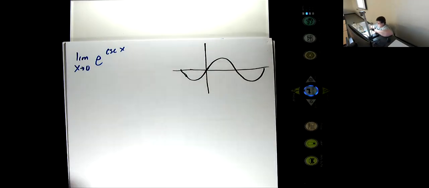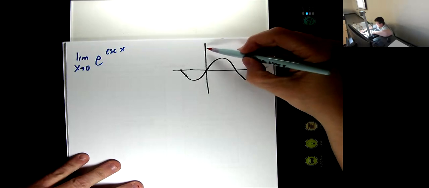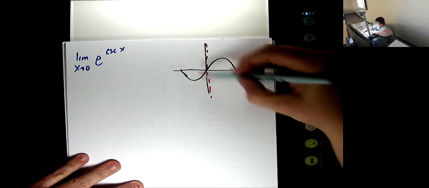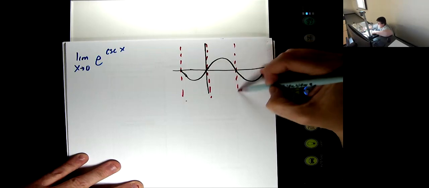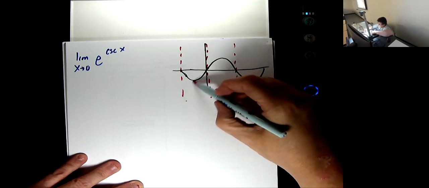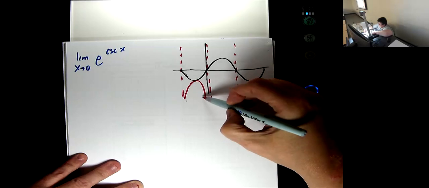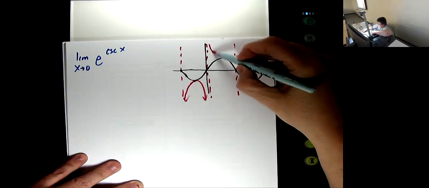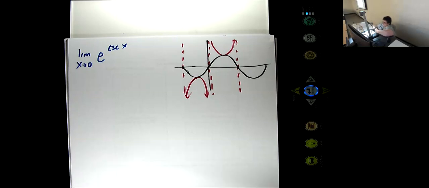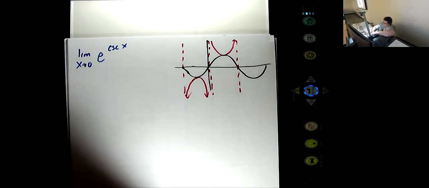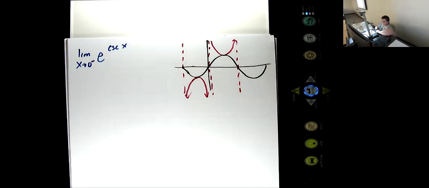And everywhere sine equals 0 is an asymptote. And cosecant is off of those graphs. They make hoops or parabolas leading away from the x-axis. And I'm sorry, I didn't want x going to 0. I want x going to 0 from the minus side.